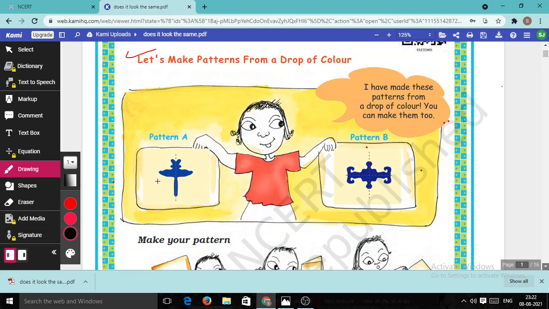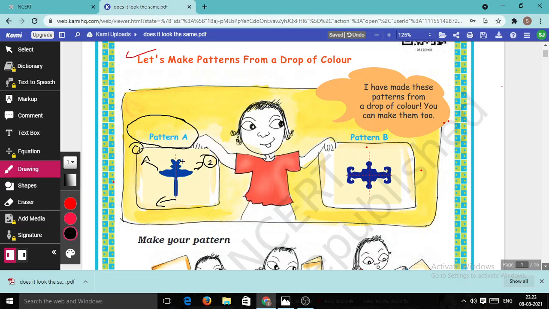So the first one is pattern A. Look here, the pattern A. Here a line is drawn which divides the figure into two equal parts. This is the first and this is the second part. If these two parts are equal, then they are called mirror halves. Again we will revise it.